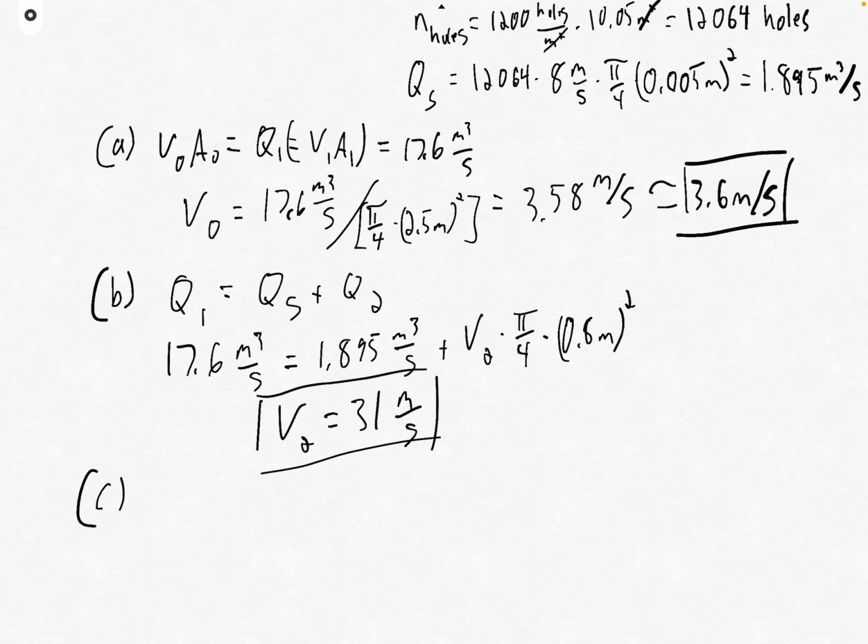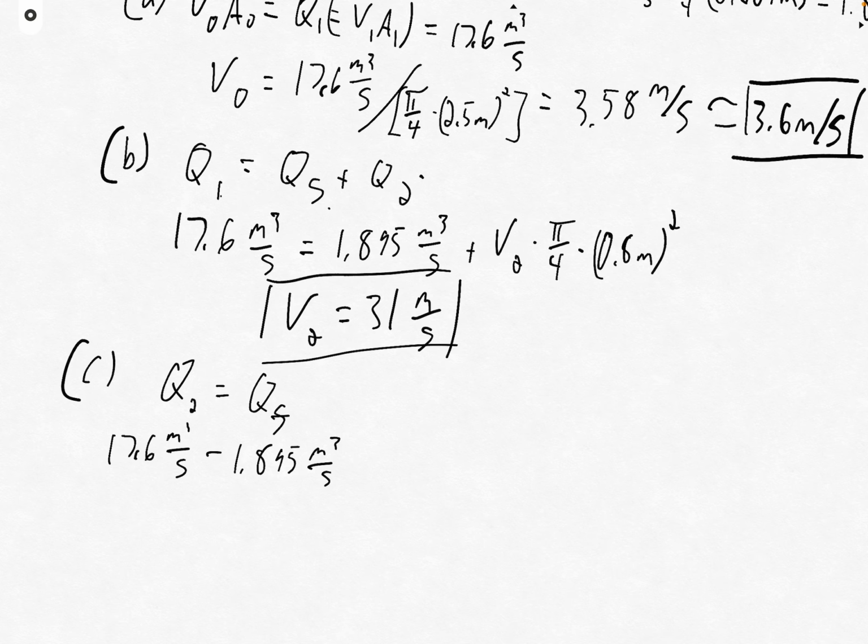So here we're going to have, as I said, Q2, that's our inlet, is equal to our outlet, QF. Here I'm going to use just a little shortcut, we know that Q2 is equal to Q1 minus QS. And so I'm just going to write that out, 17.6 meters cubed per second minus 1.895 meters cubed per second.